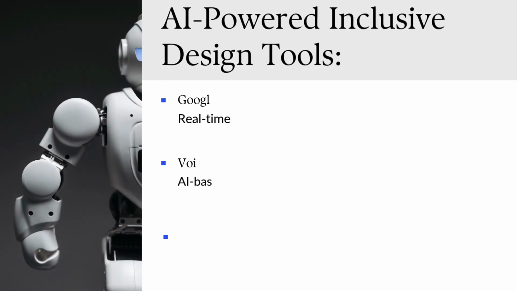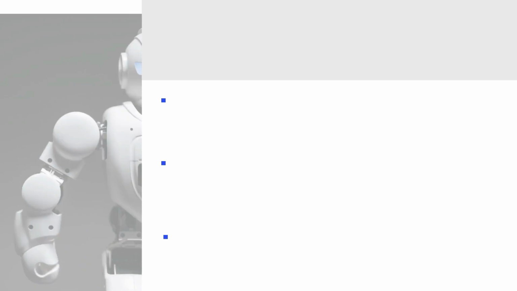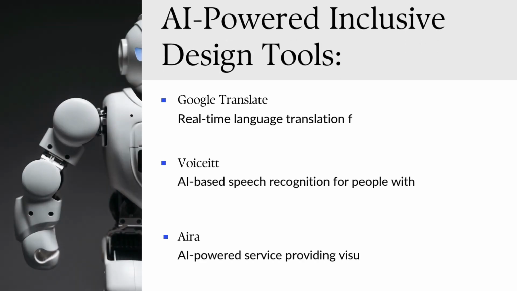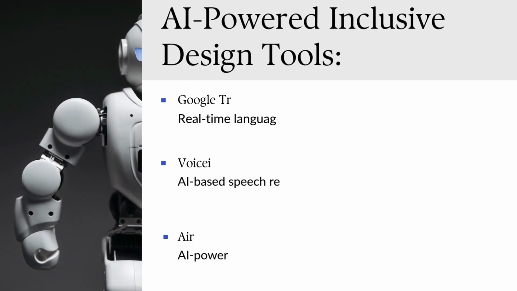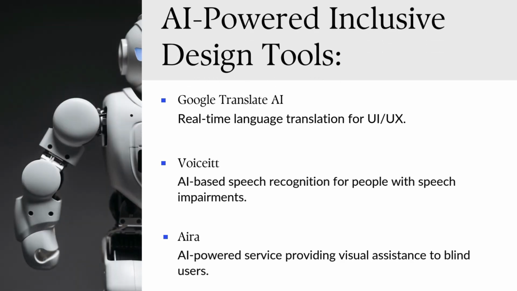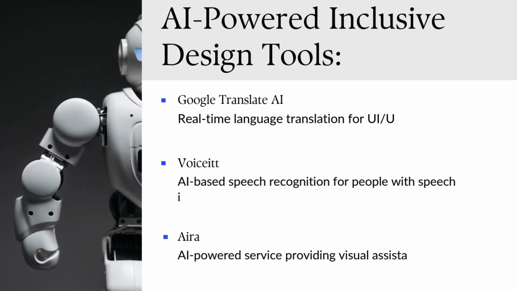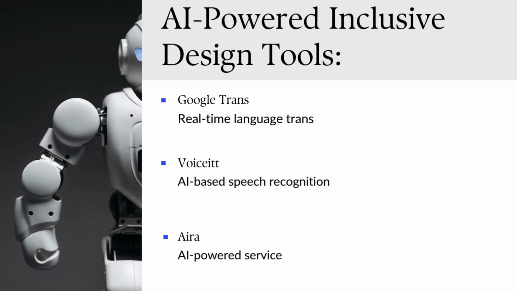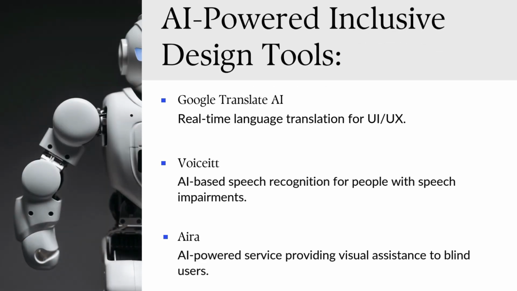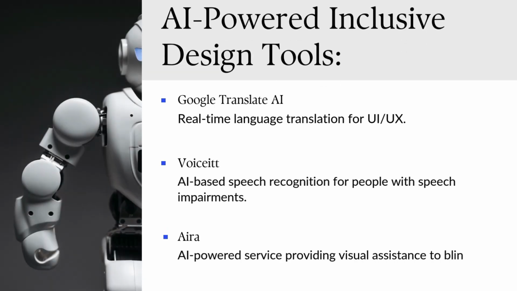Next on our list, we have what we call the Voice It. This is an AI based speech recognition for people with speech impairment. Next on our list, we have what we call the IRA. This is an AI powered service providing virtual assistants to blind users.